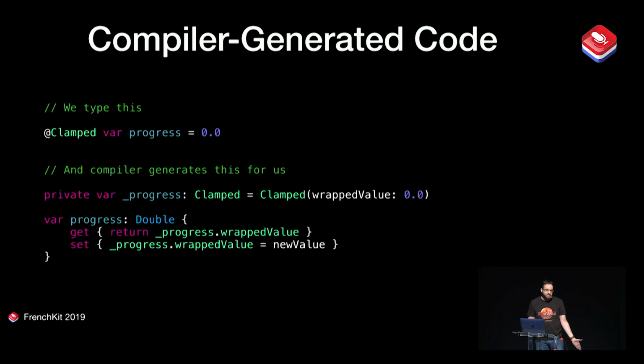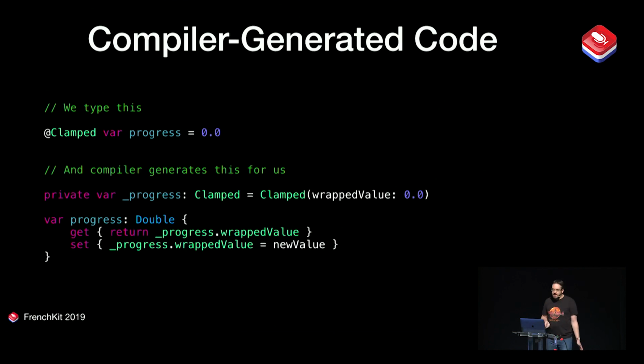And it will make a computed property called progress that exposes the value that we're interested in. So progress is basically just a computed property that is a convenience provided by the compiler to hide the fact that it's actually accessing _progress.wrappedValue.